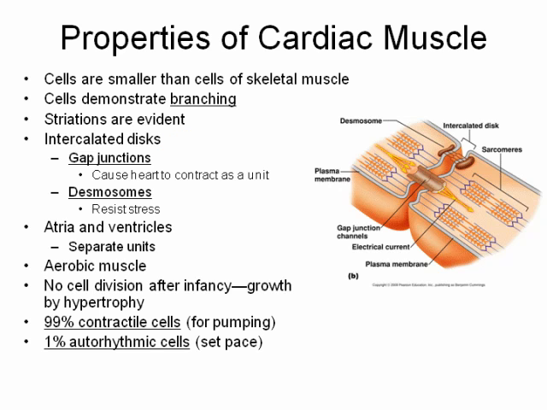So these are going to allow the heart to contract as a unit, because as soon as one cardiac cell starts to depolarize, it is going to depolarize its neighboring cells. And because the cells demonstrate branching, once one cell starts to depolarize, all of the other cells will depolarize very quickly afterwards.